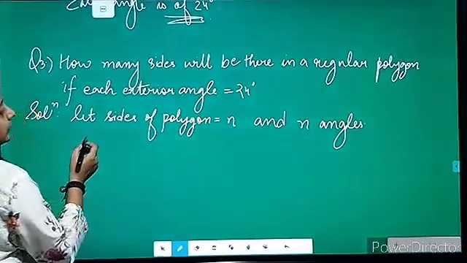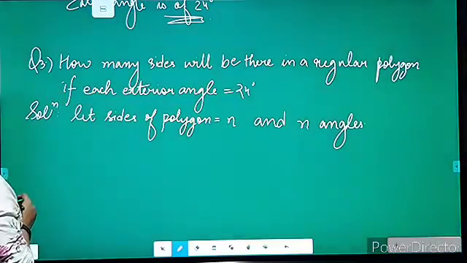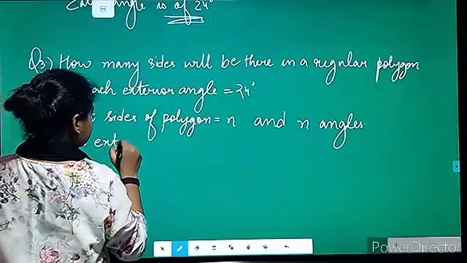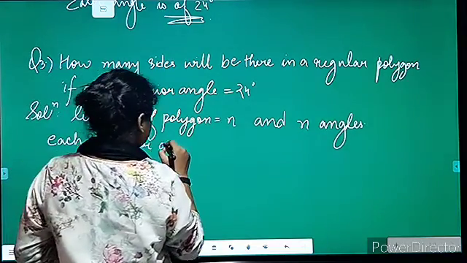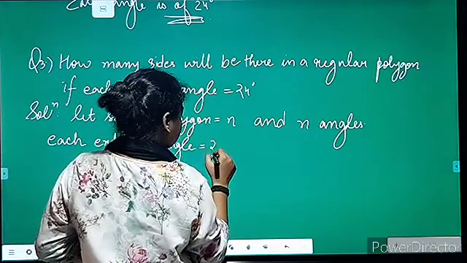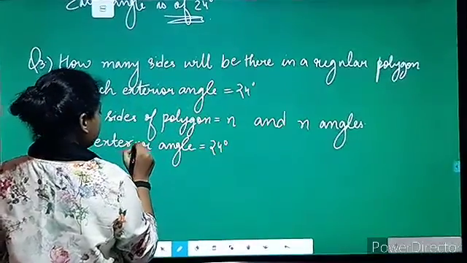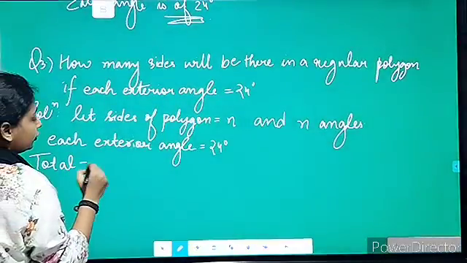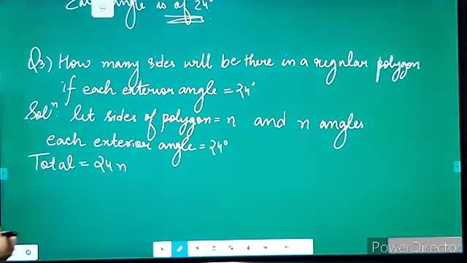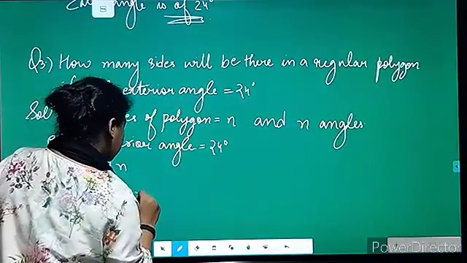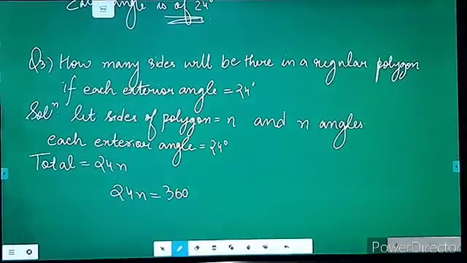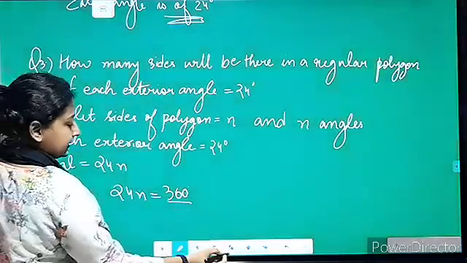Now since each exterior angle is of 24 degrees, this implies total is equal to how much? Total will be 24 into n, and this 24 into n must equal 360, because we know no matter what polygon we have, the sum of all the exterior angles must always be 360.